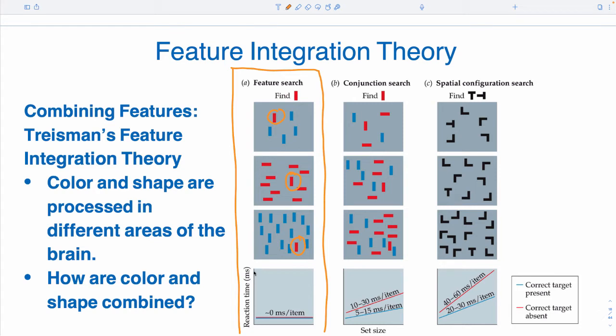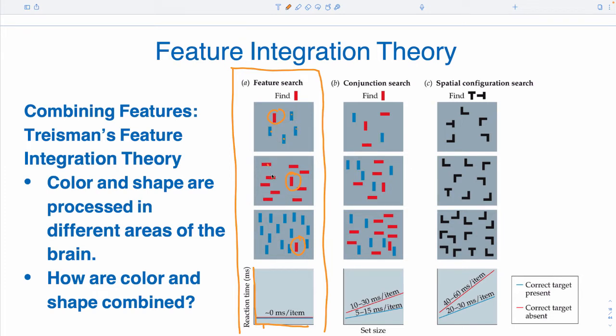Notice down here on this graph, we're measuring the reaction time in milliseconds. How long did it take the participants in this study to notice the red vertical bar? And here on the x-axis, we can compare whether there was a small number of background objects, also called distractors. Here, there's one, two, three, four.